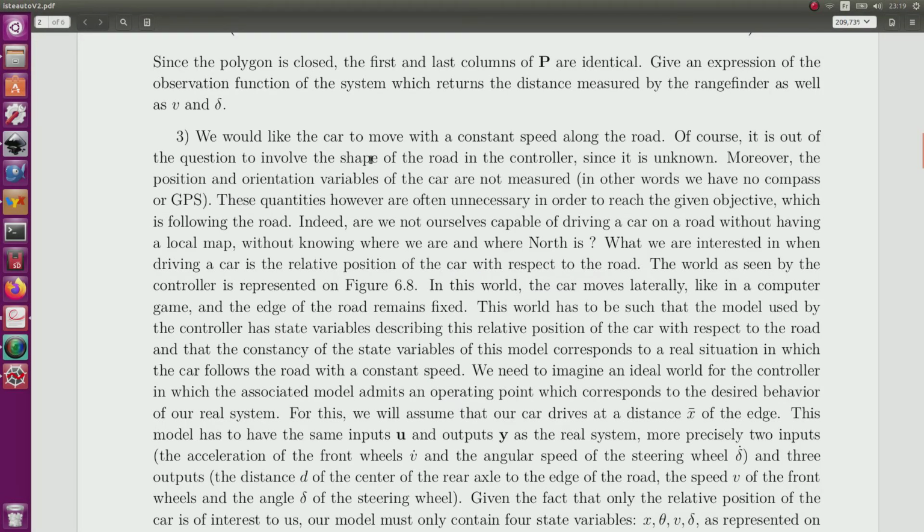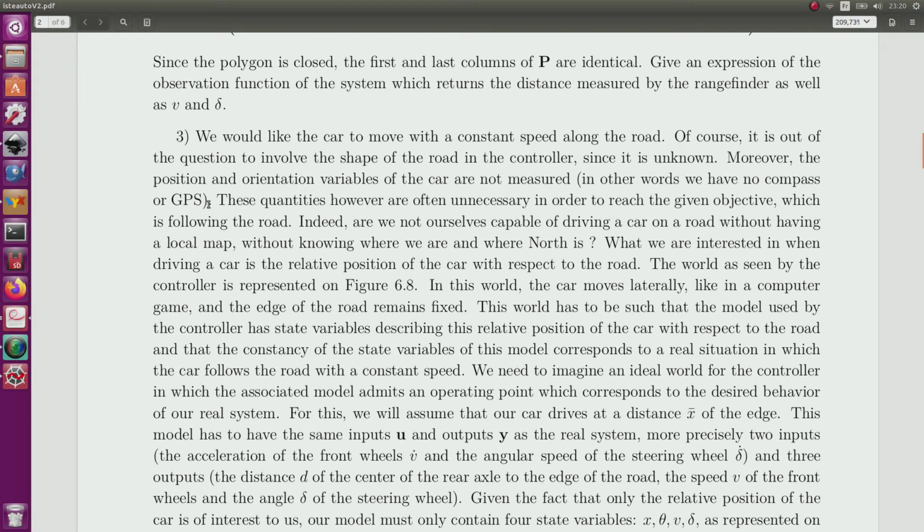Question number 3. Now we want to find a controller, but for the controller it is important to know that the car has no GPS, no compass, so it is not able to measure its state. It has no idea of the polygon it is turning around, and it will be difficult to build a state observer that will allow us to find the position.